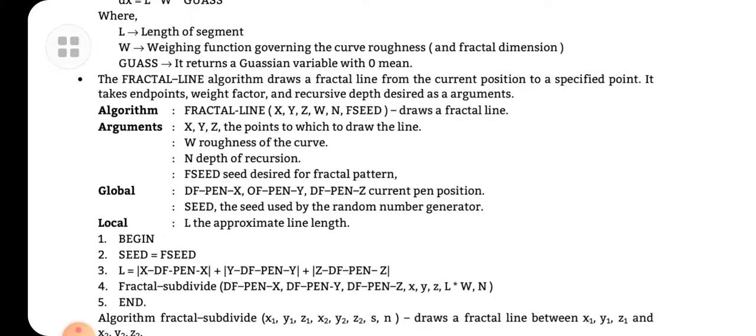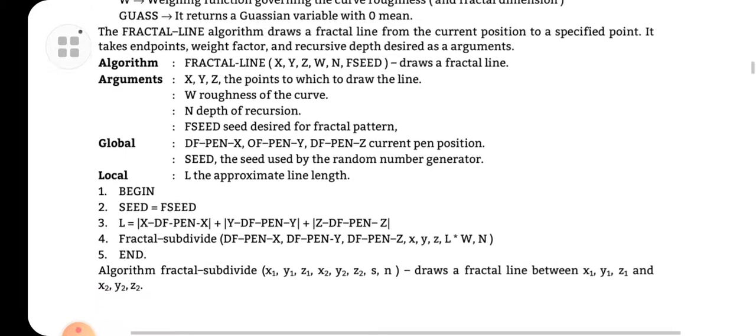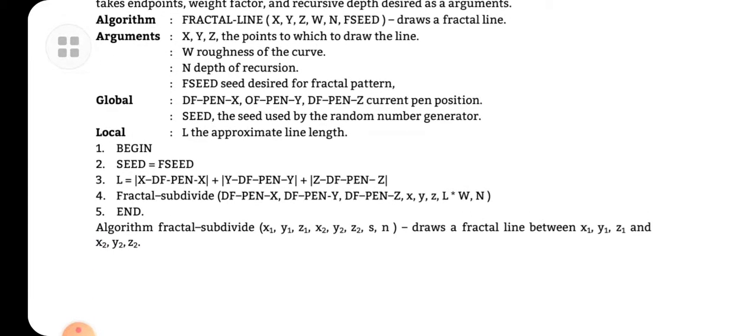The arguments x, y, z are the point to which the line is drawn, W is the roughness of the curve, n is the depth of the recursion, and f is the seed desired for the fractal pattern. Global are the pen x and pen y, the current positions, then the seed used by the random number generator, and L the approximate line length.